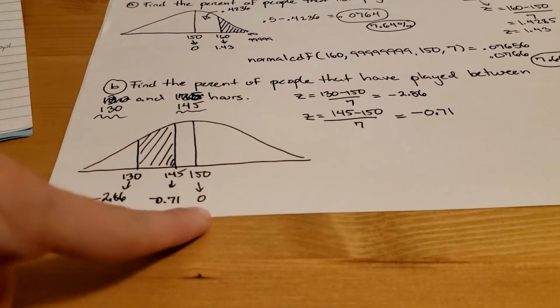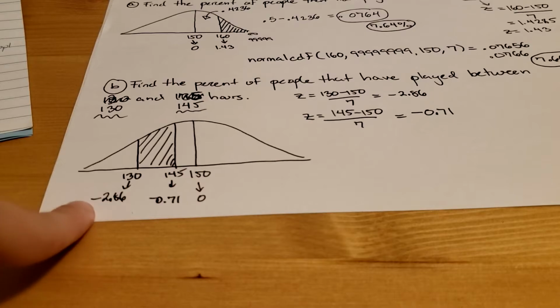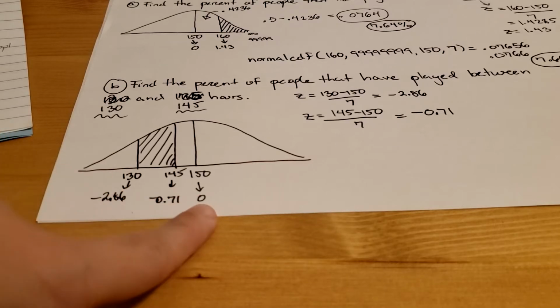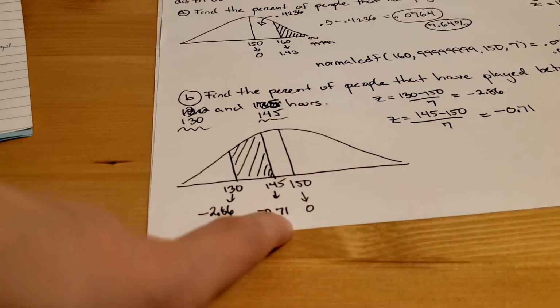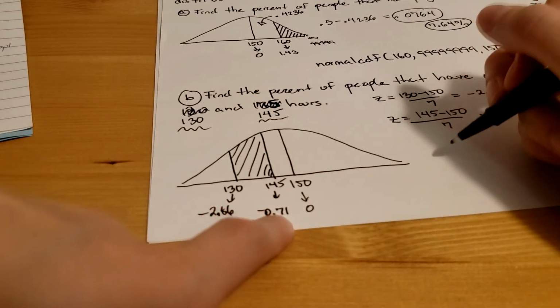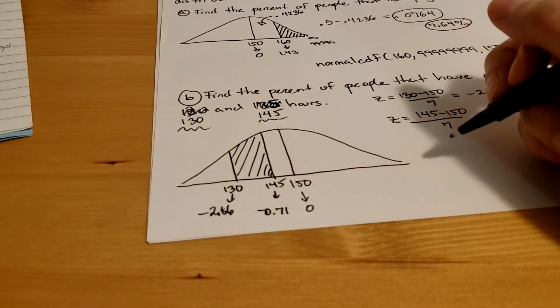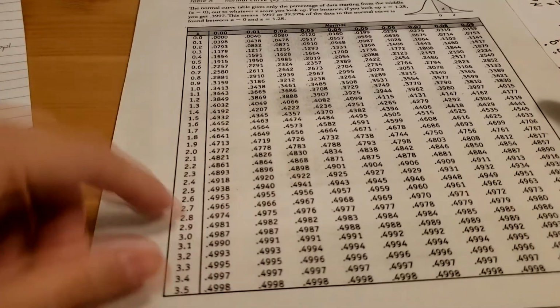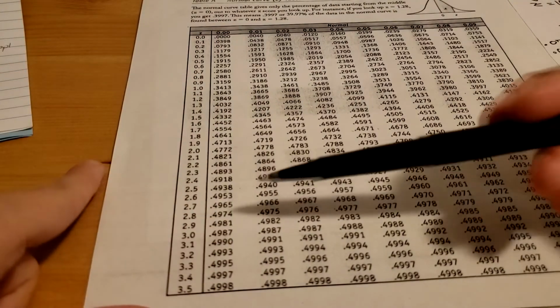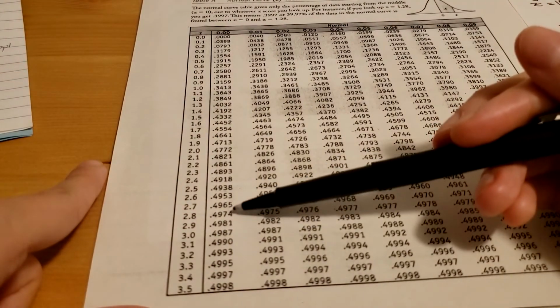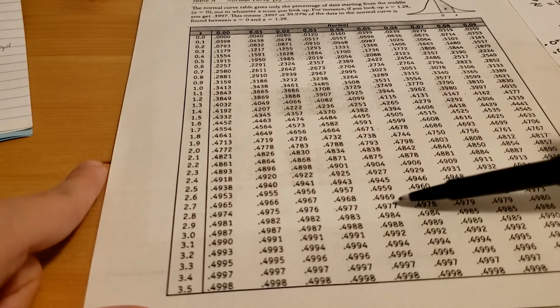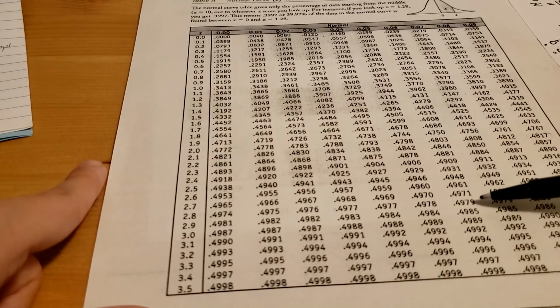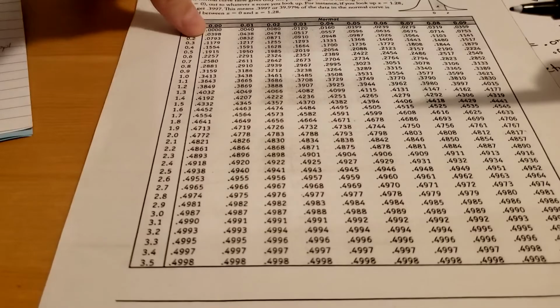We would look up the area between 0 and negative 2.86, which is the same as the area between 0 and positive 2.86, and then subtract the area between 0 and 0.71. So the area between 0 and 2.86, go here, 2.8, and then we want to go over 0, 1, 2, 3, 4, 5, 6, 0.4979.